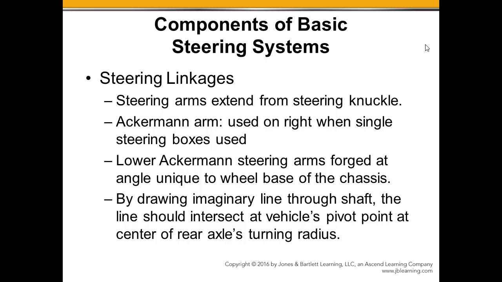That's what causes the steering angle to be transferred from the driver's side over to the passenger side. We'll talk a little bit more about the Ackerman arm and some of its duties.